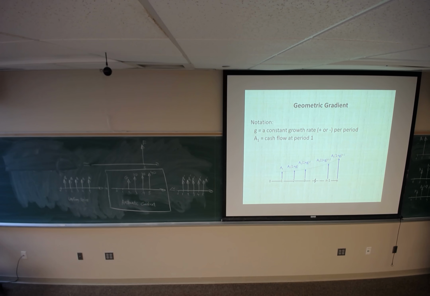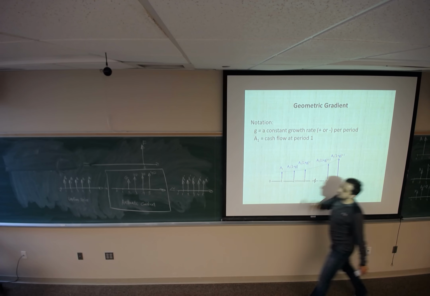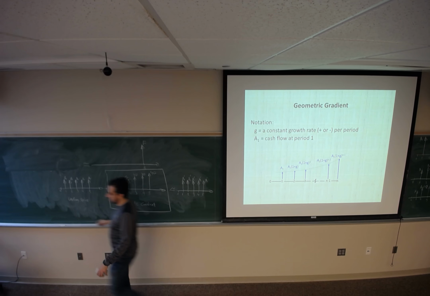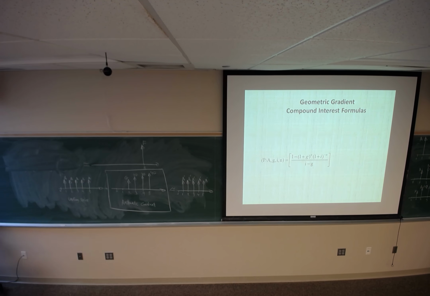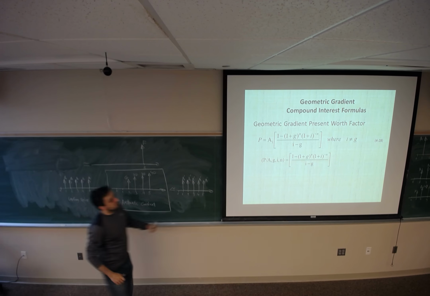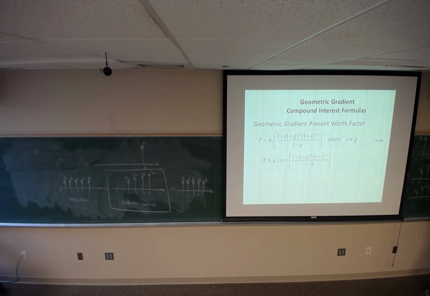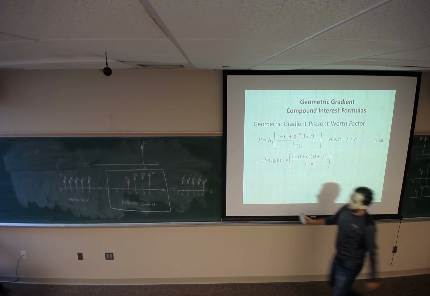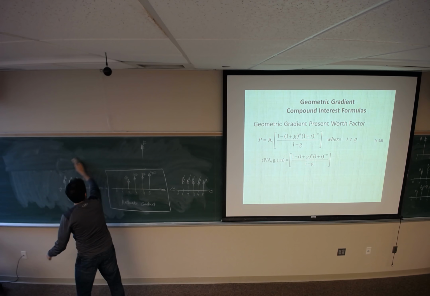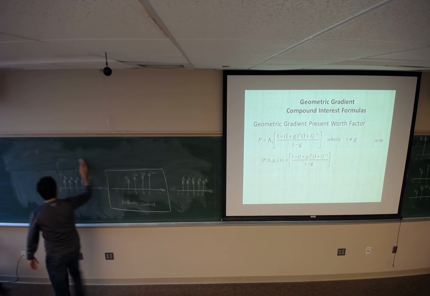Third year is gonna be A times (1 minus g) power 2. So g can be positive or negative, depending on growing. If I want to find the present value of this, I can prove that we can use this equation. You can find the proof in chapter 4, but we don't do this in the class.